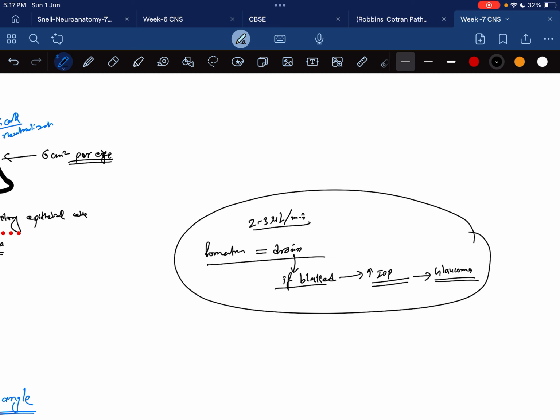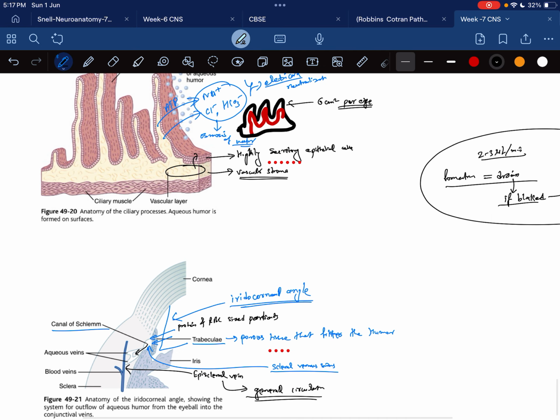The cornea and lens are avascular, so we need to supply nutrients and drain metabolic waste from them. So we need this aqueous humor circulation.